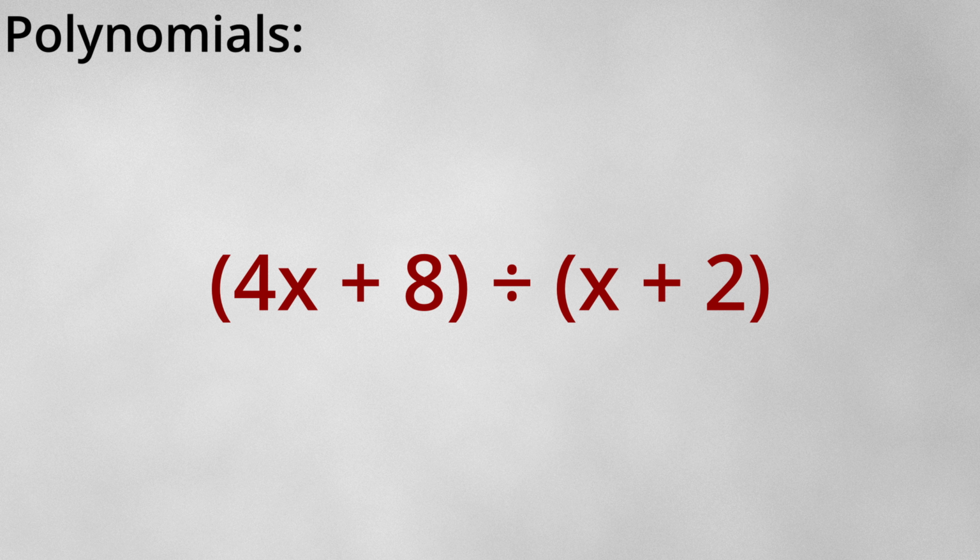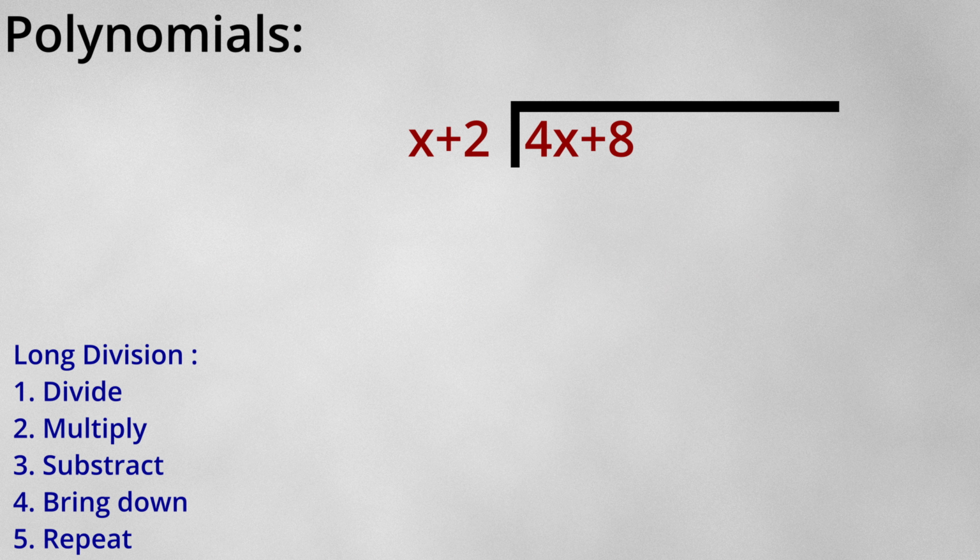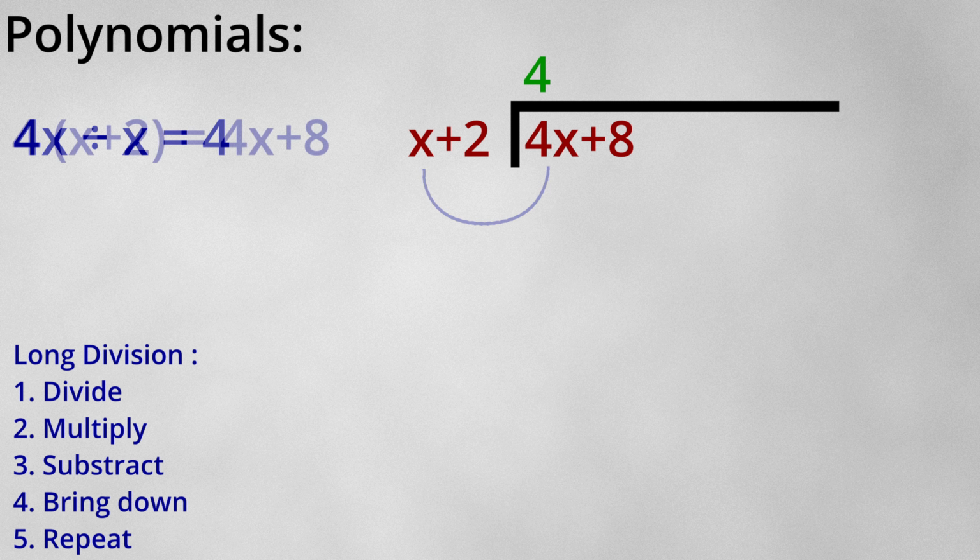We will set up our equation in the same way we set up long division. The way we go about long dividing two algebraic expressions is very similar to long dividing. In this example, we will start with our x here and ask ourselves, how many times does x fit inside of 4x? 4 times, so we will write 4 on top. Then, as we usually do with long division, multiply.